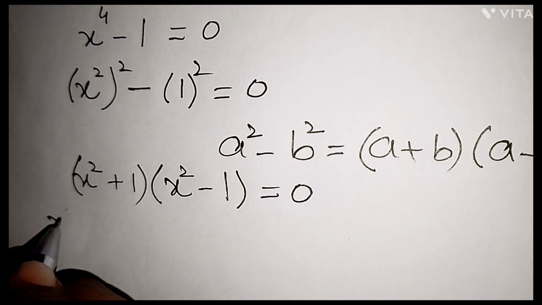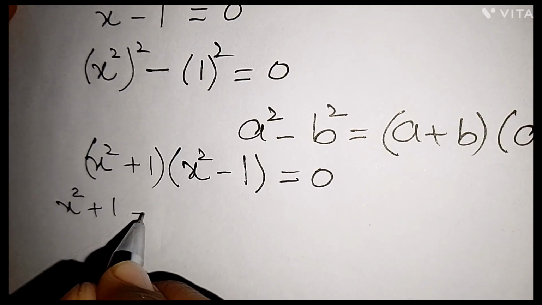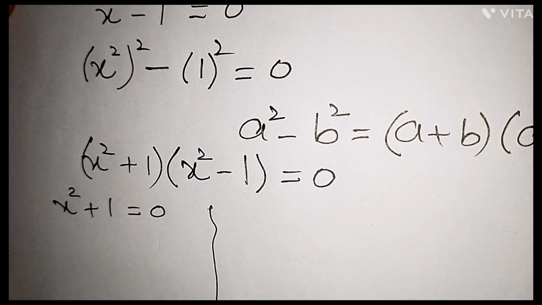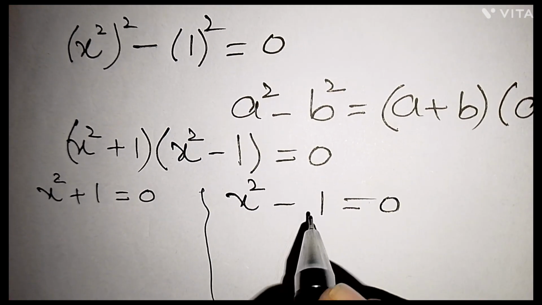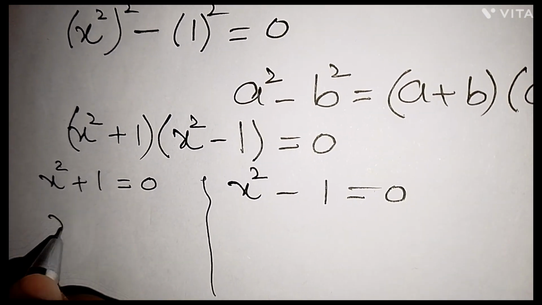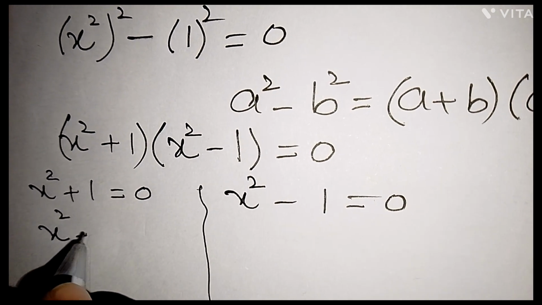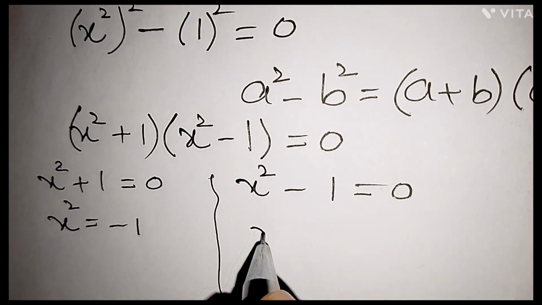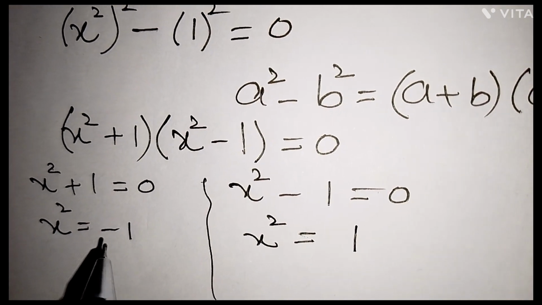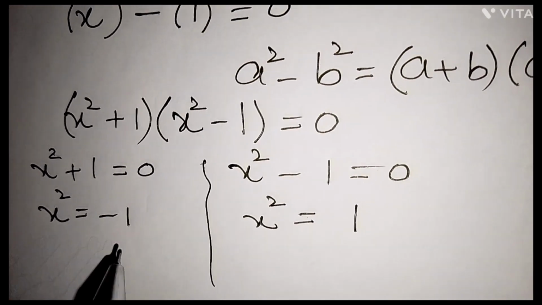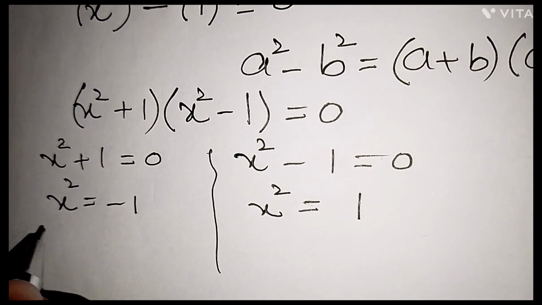Now we have x square plus 1 is equal to 0 and x square minus 1 is equal to 0. Now x square is equal to minus 1 and x square is equal to plus 1. We take square root on both sides.